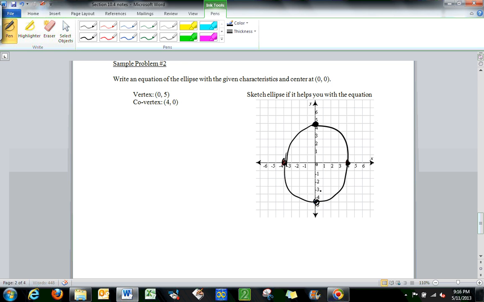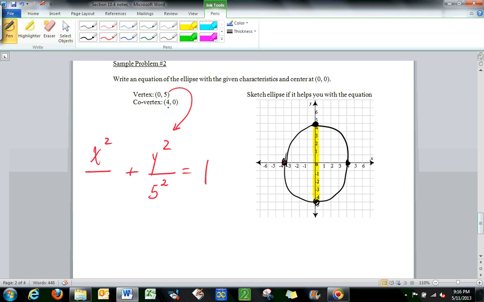Now, sometimes it's not always clear, but we know that 5 is bigger than 4, so that is representing our major axis. And so we know that our standard form equation is going to be x squared and y squared, and all that's going to equal 1, and we need to come up with the values underneath. In this case, the 5 is representing a y, and we know that our underneath value is simply 5 squared.